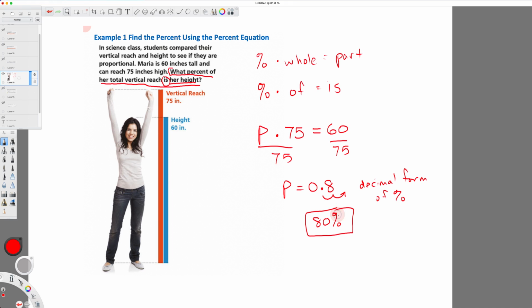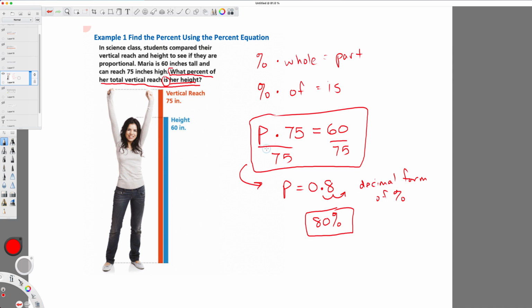So what that means is her height is 80% of her vertical reach. 60 out of 75 is 80%, or 80 out of 100. So you see, I did this problem really quick and got an answer, but then I had to convert this decimal form into a percent.